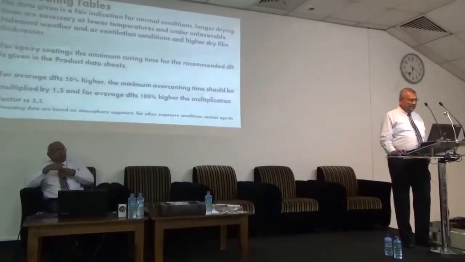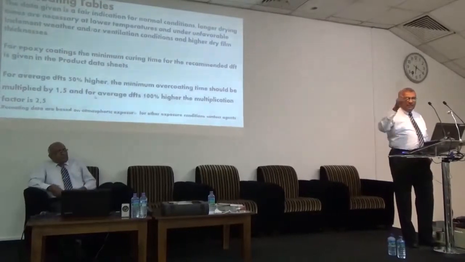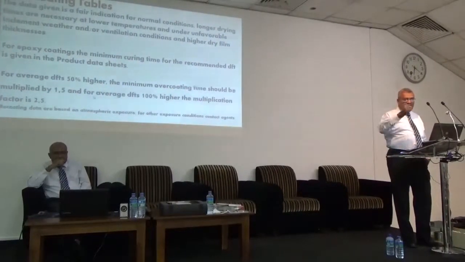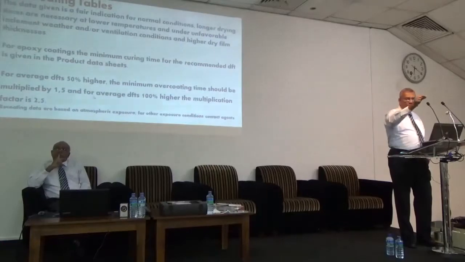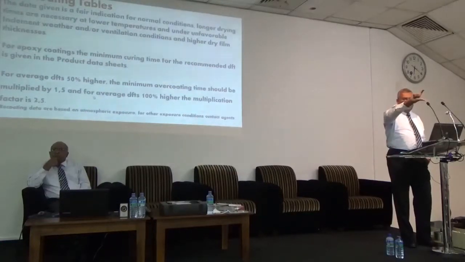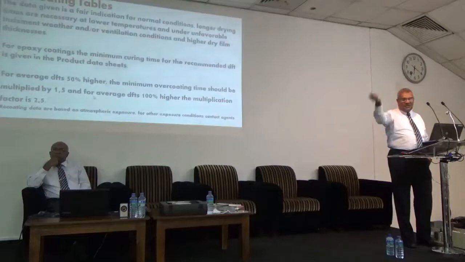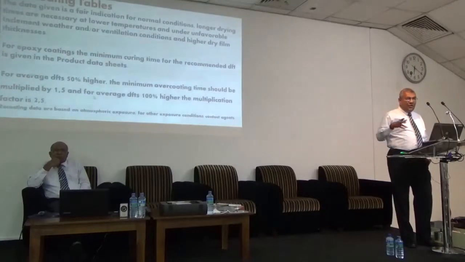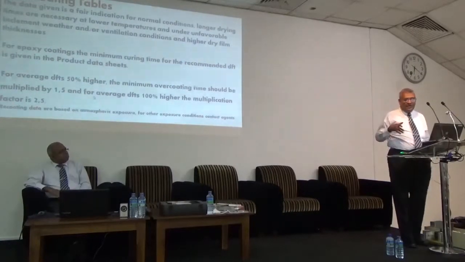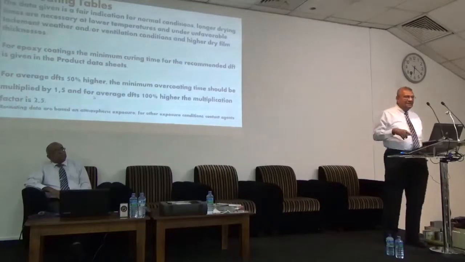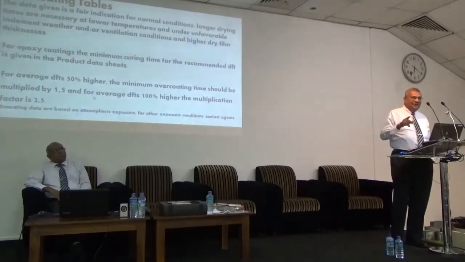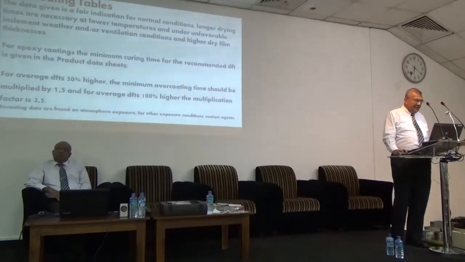So the data sheet will tell you 4 hours, but what you do is you put that WFT gauge and estimate the EFT. And if the EFT is more than 75, you keep 6 hours. So you need to brief the painters, because they are the guys who are going to make trouble for you at the end, because you are going for inspection and if there is a failure, everybody is in trouble.